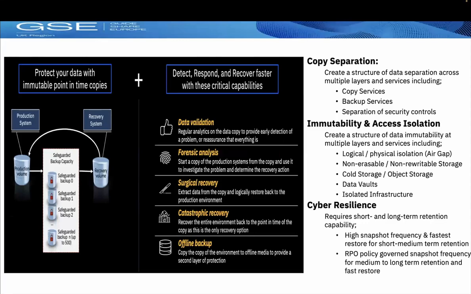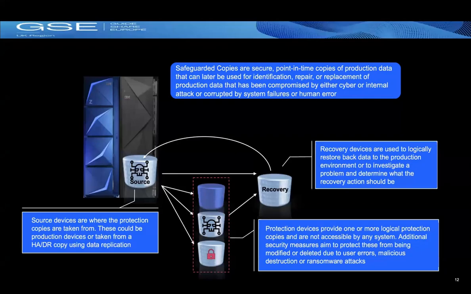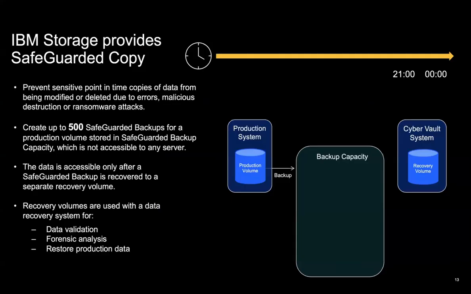Even though they're thin provisioned, when we do any sort of work around them, they're considered full volumes. So thin provisioning, but the end result is full volumes. And so then again, bring the data over to recovery volumes to be able to do some of this different work.